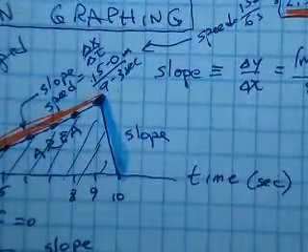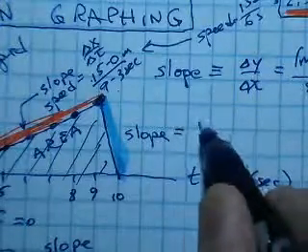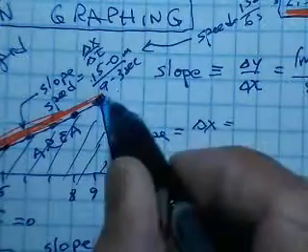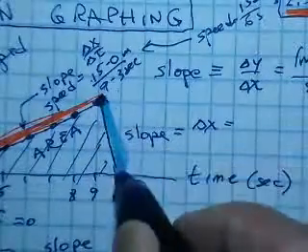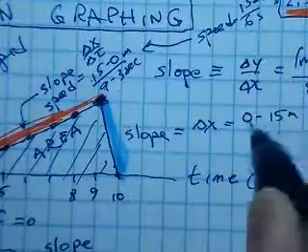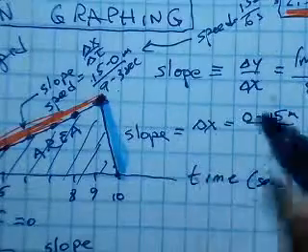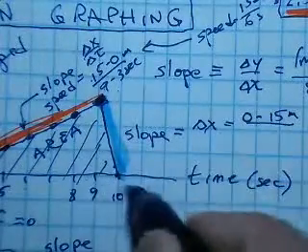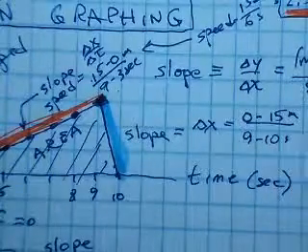Okay, so my change in position is going from here to here. Is that a positive or a negative change? Negative. It's going to 0 from 15 meters away. That's a change of negative 15 meters, 15 meters closer than where I was, not farther. And the time interval is from 9 to 10 seconds. So that's 1 second.